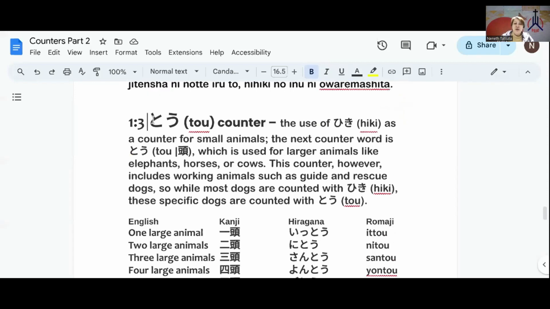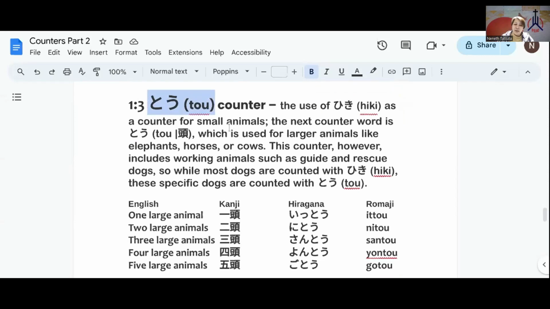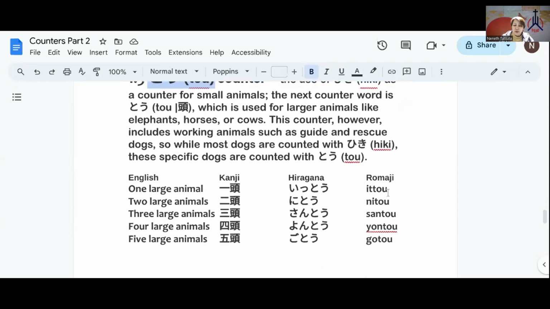And then the to. This is now for big animals, like elephants, horses, cows. So we use the to. Ito, again an exemption.